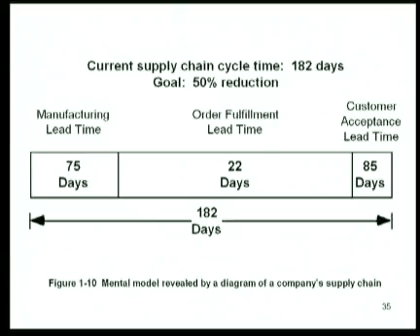Order fulfillment, which required 22 days, occupies more than half the total length of the line, while the manufacturing lead time, which required 75 days, receives about a fourth of the length. And what this figure reveals is the prominence of order fulfillment operations in the mental models of the people. Remember, I showed the mental models on the previous slide feeding into our policy decisions.